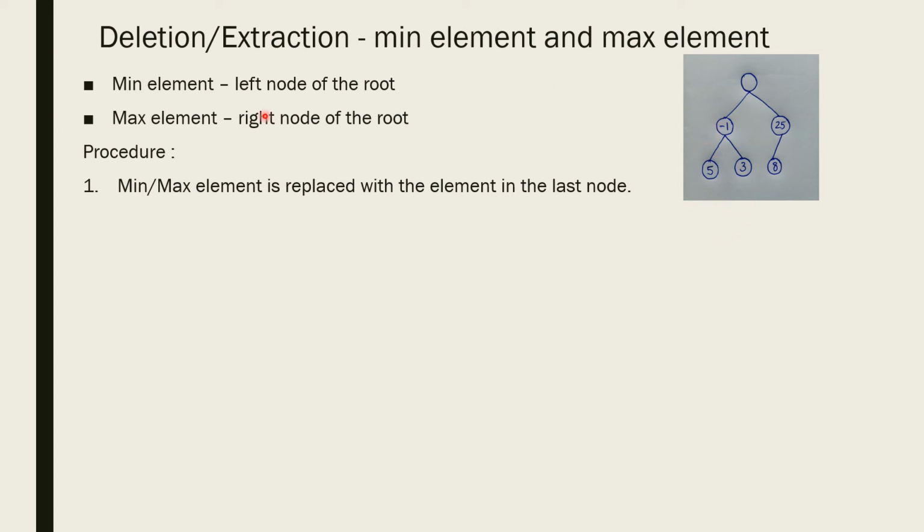Even if we have to delete the maximum element, the first step is the same: we just replace it with the last node, whichever it is. That's the first step in both minimum element deletion and maximum element deletion. Now we will see what the next steps are for minimum element deletion and for maximum element deletion.